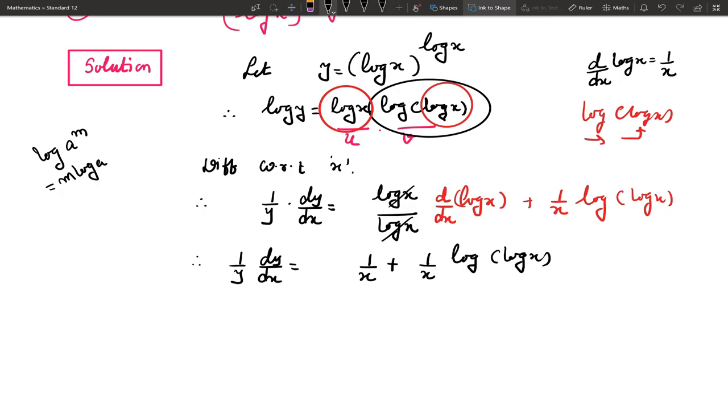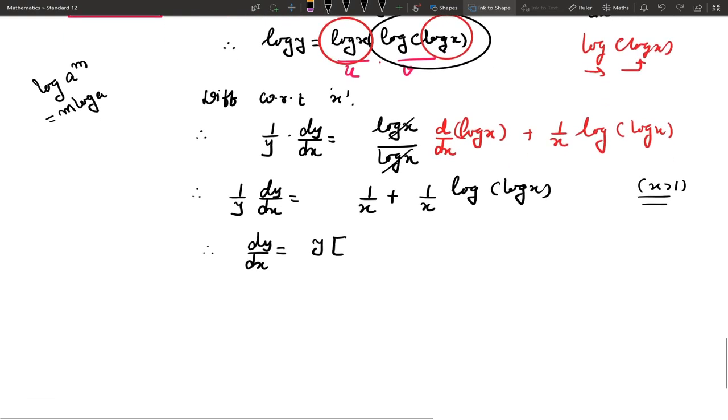Here x is greater than 1, a condition given because logarithm is defined for positive numbers. Multiplying by y and putting the value for y, dy by dx equals y into bracket 1 by x plus 1 by x log of log x.